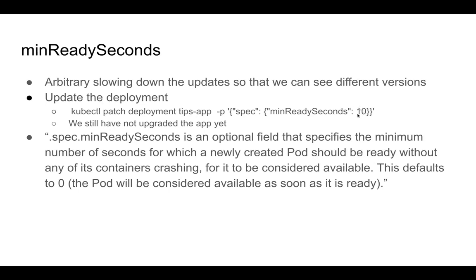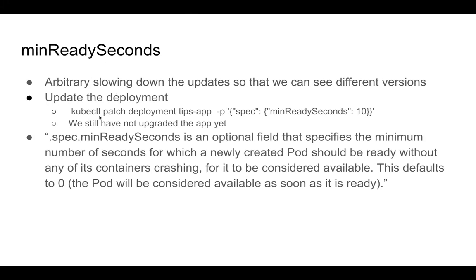Pod has started, but it's not available for 10 seconds. It will wait for 10 seconds if the container is not crashing. But if the pod is up and before 10 seconds the container crashes, then of course it won't be available. So the container should be up, the code should be up, the pod should be up. For 10 seconds, it's not available yet. After 10 seconds, it will become available. So that's what min ready seconds is.